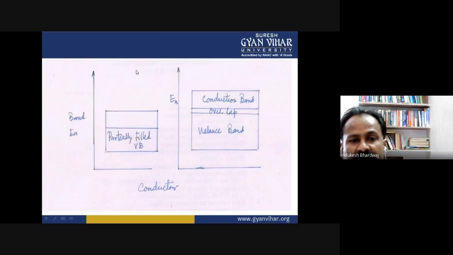So this is the diagrammatic representation of a conductor, in which the energy gap, or forbidden gap, is zero, because the conduction band and valence band overlap each other.